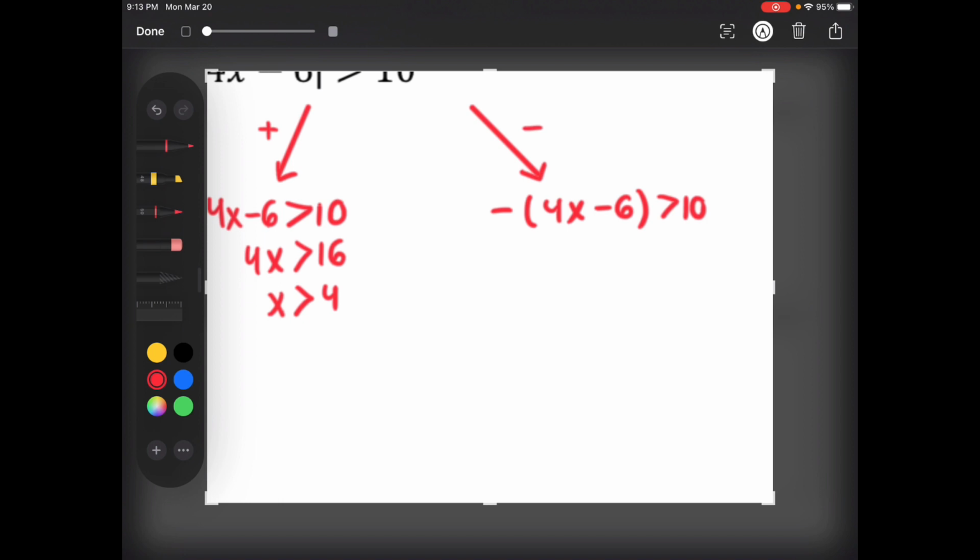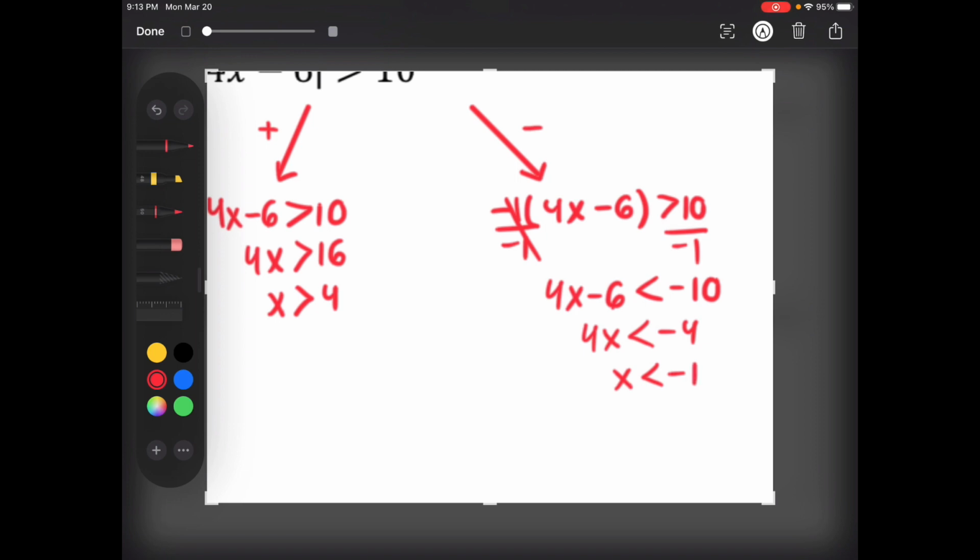And then I'm going to do it a different way this time. Remember, there's a -1 here, so I'm going to start by dividing by that. When I divide by a negative over an inequality, I have to flip the inequality sign, which I did. I'm then going to add 6 to both sides and divide by the 4.